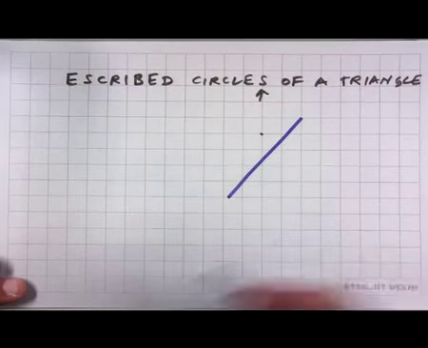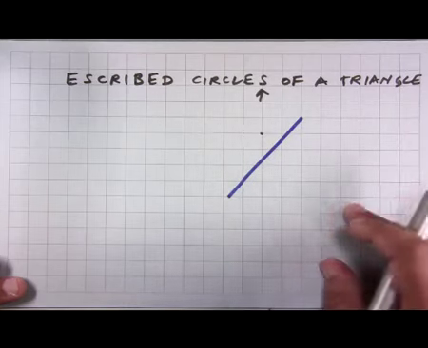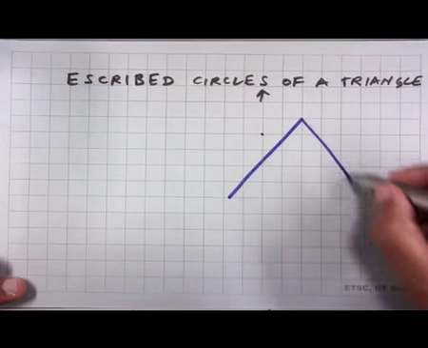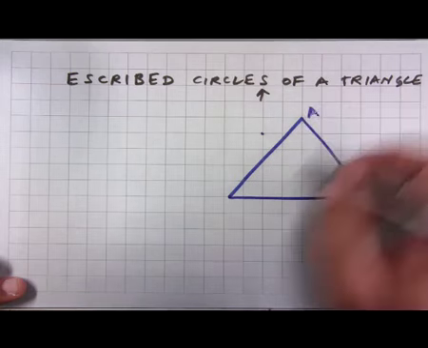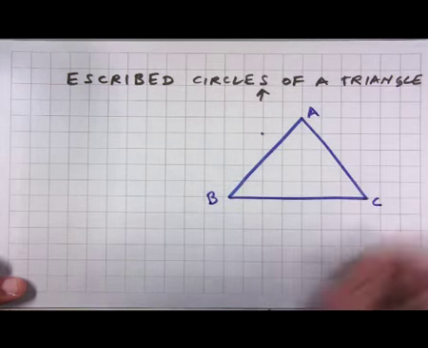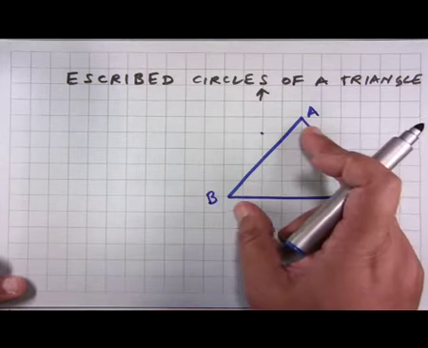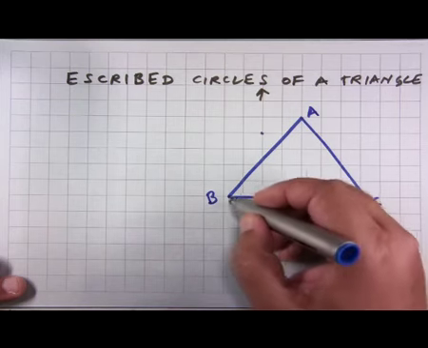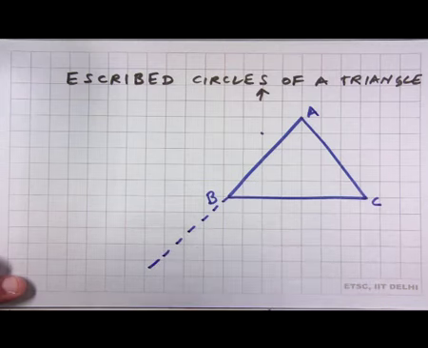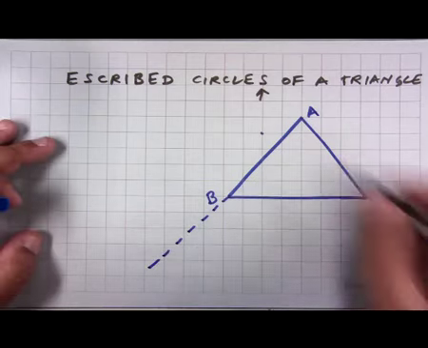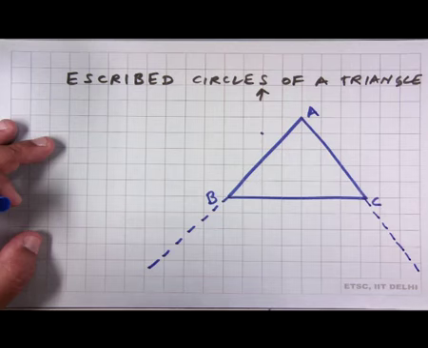Let us suppose that we have this triangle ABC, and let us extend this side AB further in this direction. I am showing the extension with a dotted line, and let us also extend this side AC further in this direction.